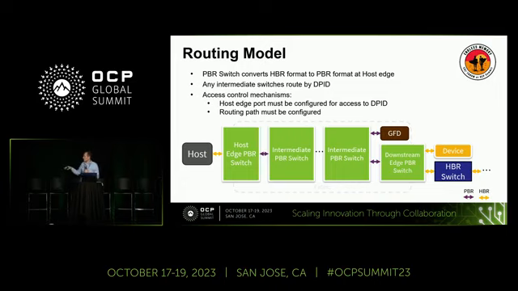When we get into the switch, it's a little bit less granular in access mechanism, but a routing path also needs to be established. So in very large fabrics, it's possible that you can't reach anywhere from everywhere. So you would need all those intermediate PBR switches to be configured to route properly to the DPID.